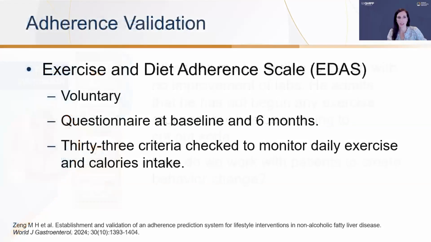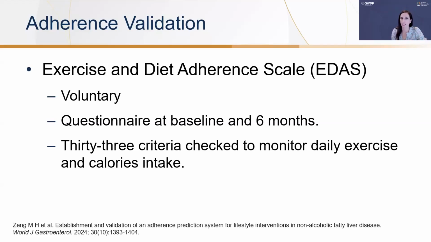Yeah, I have one more slide. So the exercise and diet adherence scale has studies posted below to validate this system. Does anybody use this? I do not use this in my practice, but it is voluntary, and it's a questionnaire that occurs at baseline before the intervention and after 6 months of lifestyle changes, and it gives the provider an idea of the adherence to the lifestyle changes.